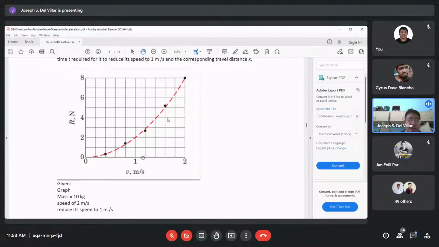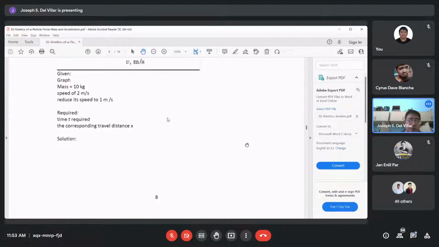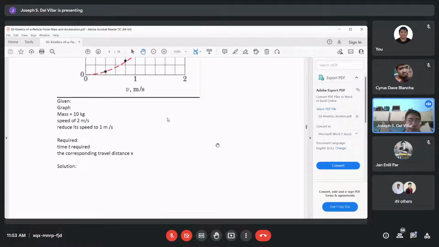So, K times 2 squared. So 8 is equal to K times 2 squared, so 8 is equal to K times 4, no?